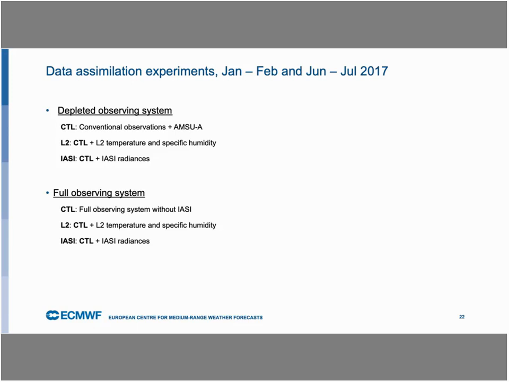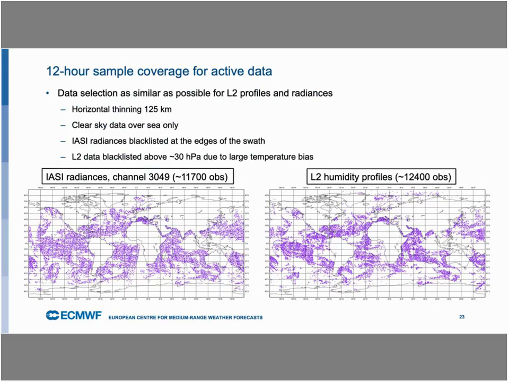And then we have introduced the level 2 retrievals on top of that, and the EASI radiances on top of that. And a similar experiment has been done in full observing system as well. And this is showing an example coverage of the active data. So we have introduced similar thinning for the retrievals as for the radiances.